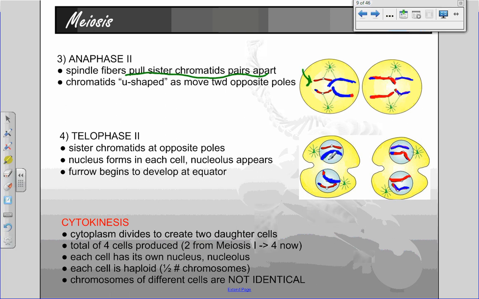And again, I haven't shown it in chromatin form here just because I wanted you to see that we've gone from having 4 chromosomes to 2 chromosomes. It's already been halved by the end of the first division. Okay, but each of these cells that's made has a unique combination of the chromosomes.